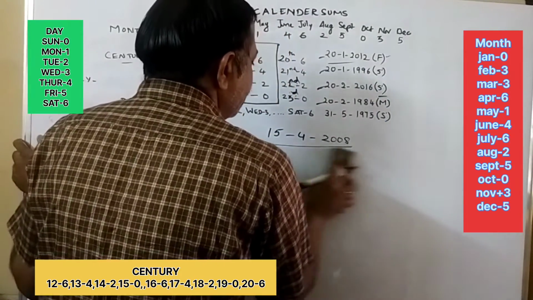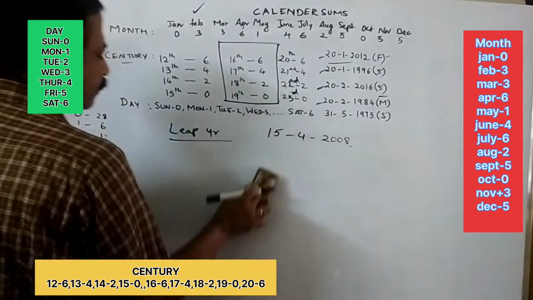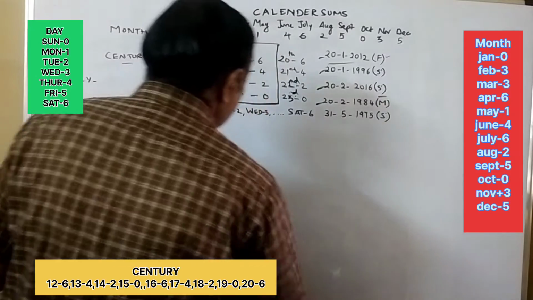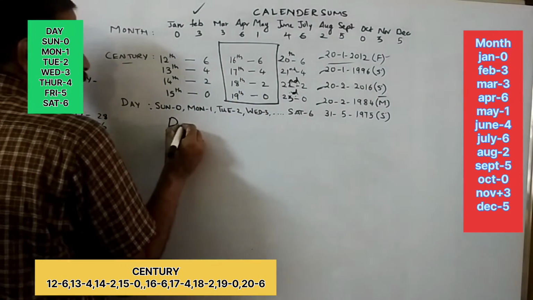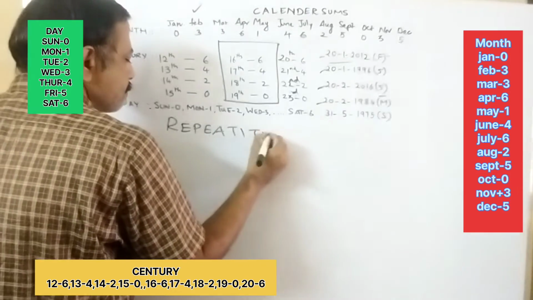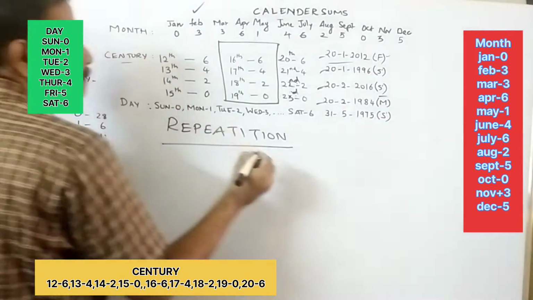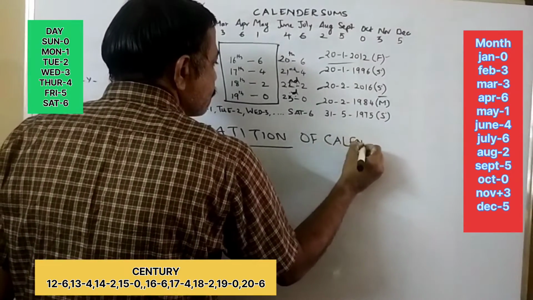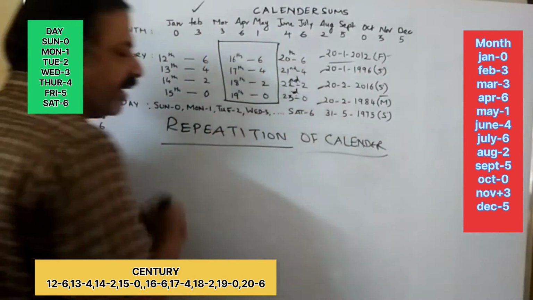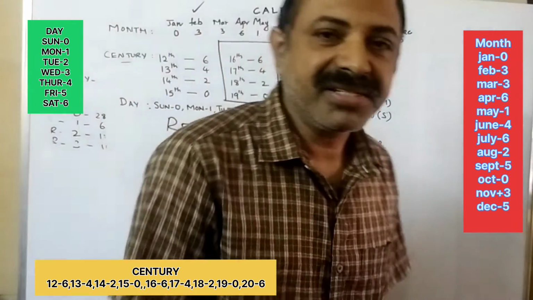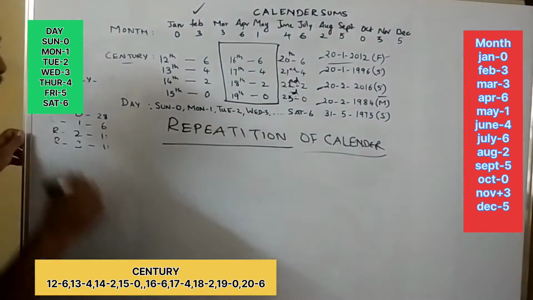Now what I wanted to tell is the repetition of the calendar. A calendar repeats itself after how many years?